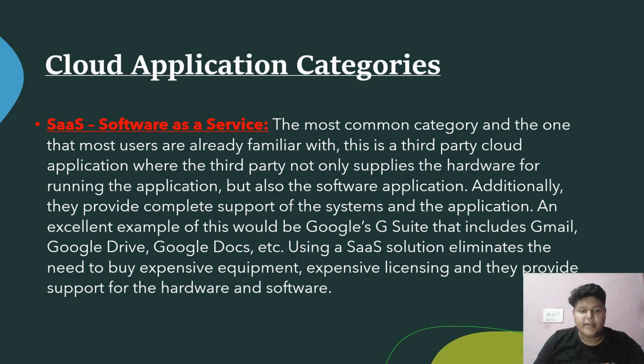Additionally, they provide complete support of the system and the applications. An excellent example of this would be Google G Suite, which includes Gmail, Google Drive, Google Docs, etc. Using a SaaS solution eliminates the need to buy expensive equipment and expensive licensing, and they provide support for the hardware and software.